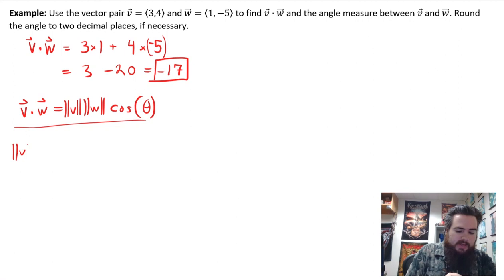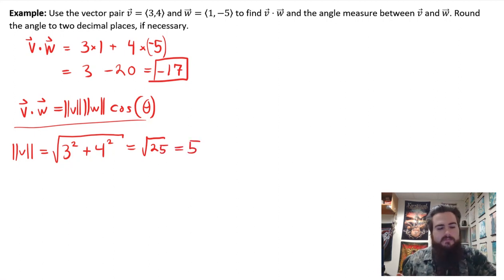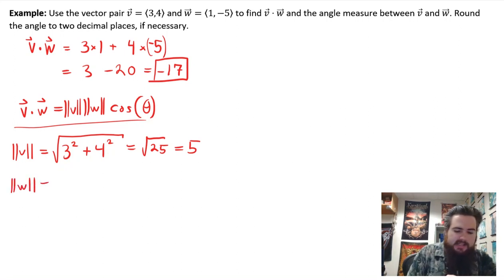The magnitude of v, to find the magnitude, is just the Pythagorean theorem of the two components squared and added. So that would be 3 squared and 4 squared for v, which is pretty nice as that will simply be the square root of 25 or just 5. W, arguably not as nice there.